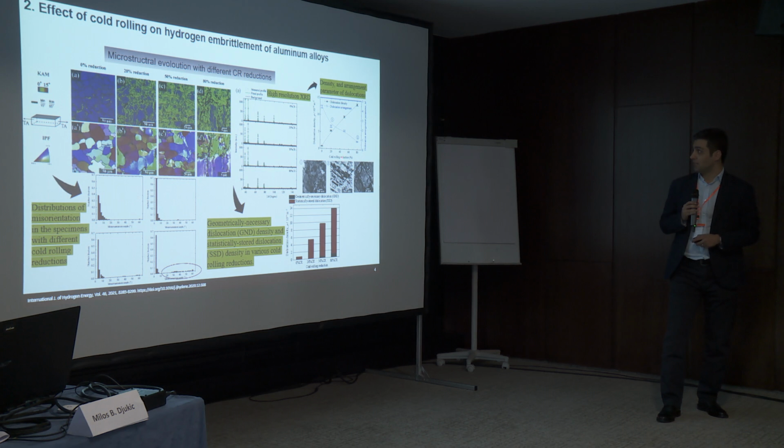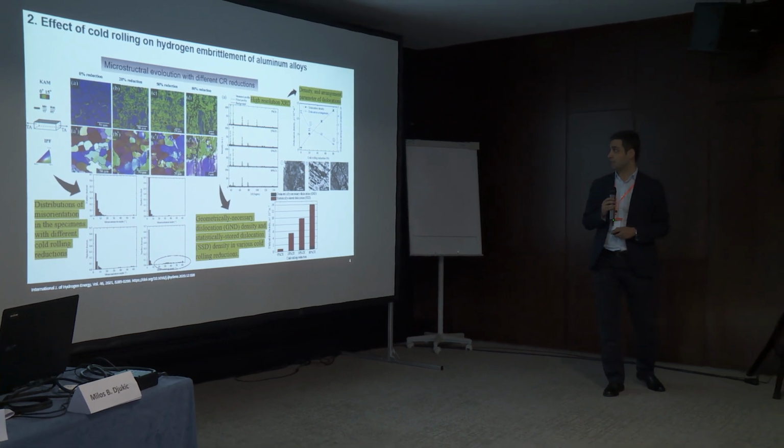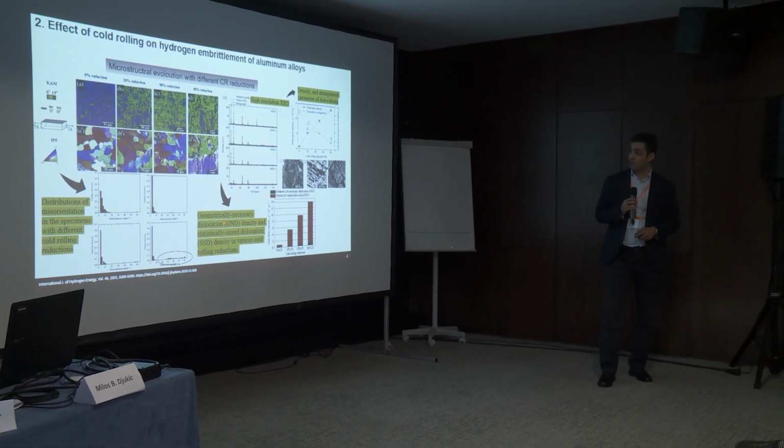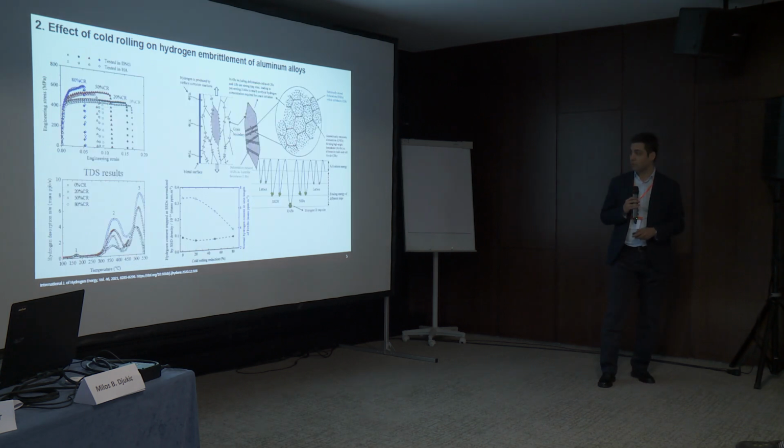We can see that the arrangement of dislocations can be changed with cold rolling, as we expect, and this can eventually increase the amount of high-angle grain boundaries. This can be another hint for us to look for processing parameters to develop a hydrogen-resistant aluminum alloy.